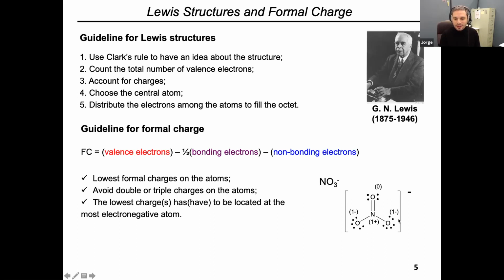And that's the structure that provides the lowest formal charges for the atoms. Although there is a charge different from zero in the oxygen and nitrogen, it is correctly assigned as a negative charge to the oxygen and a positive charge to the nitrogen, because oxygen is more electronegative than nitrogen. Okay?